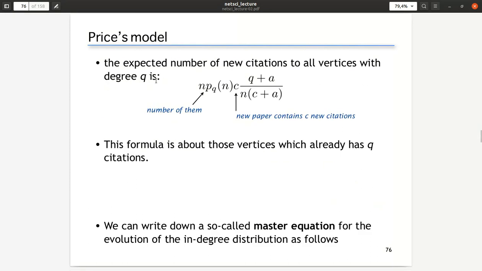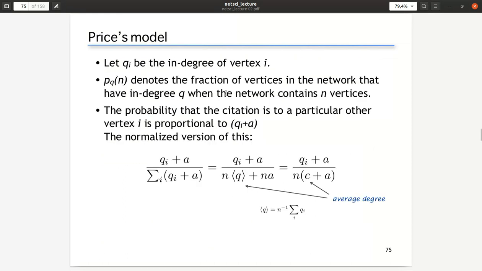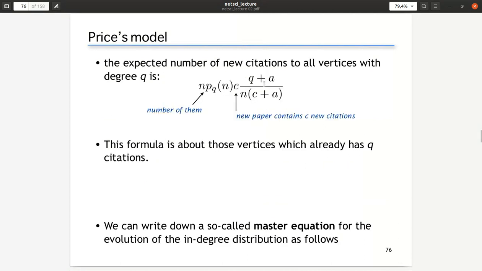Now based on this one, the expected number of new citations to all vertices with degree equal to q is equal to this expression here. You can see that n times p_q(n) is going to be the number of nodes which has degree equal to q. Why? Because p_q(n) was the fraction of these vertices, so divided by n. If I multiply it with n, then I get the number of them.